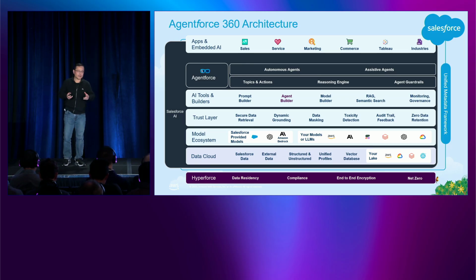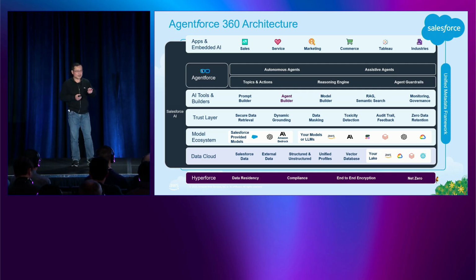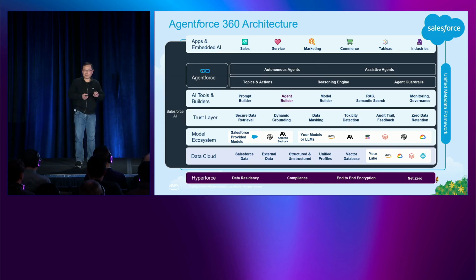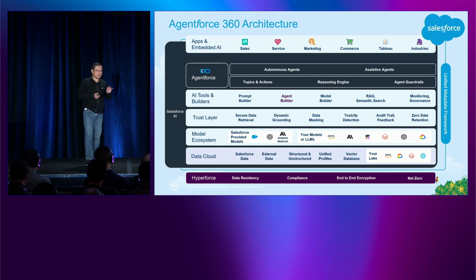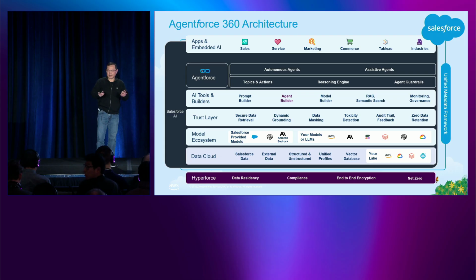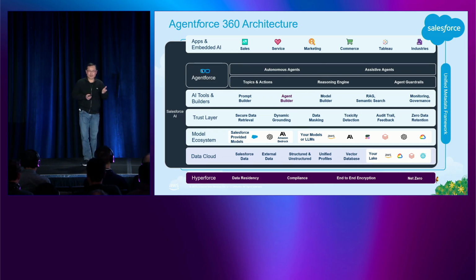Now, the core of the architecture is basically Agentforce. In this part, we have autonomous and system agents. They are built on top of our reasoning engines, protected by guardrails, and they can do classification and tool use. The entire Agentforce is integrated with every single product from Salesforce, such as Sales, Service, Tableau, you name it, Slack as well.